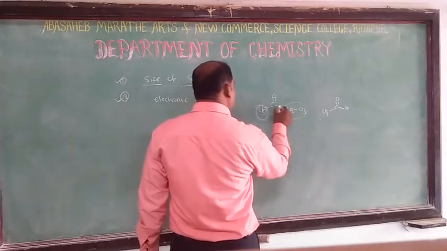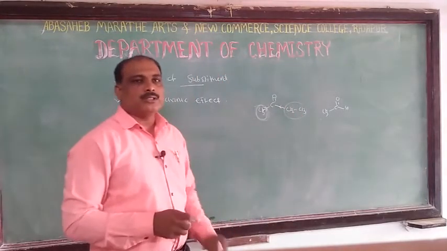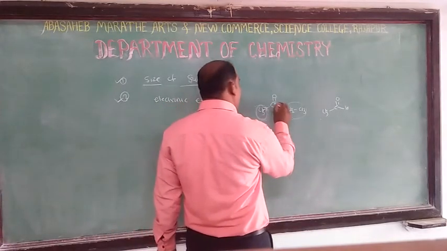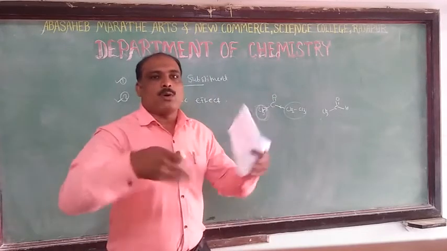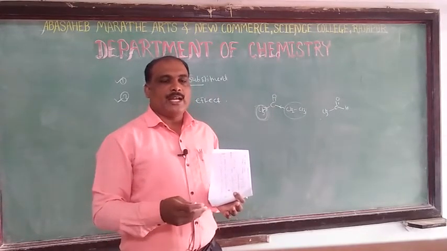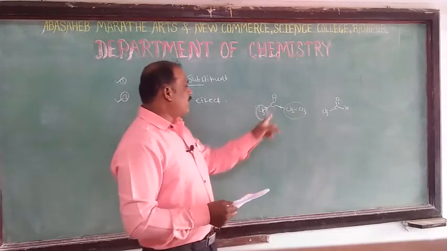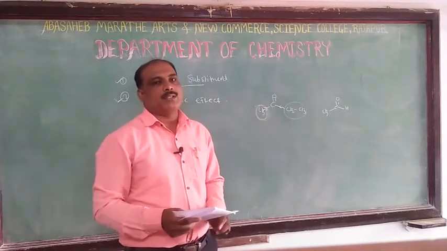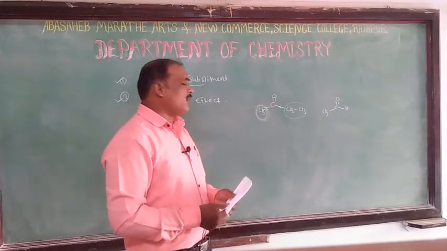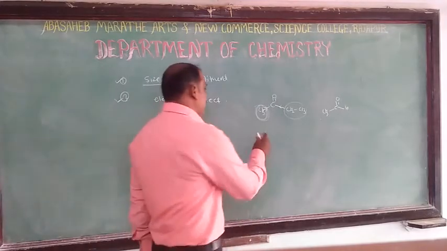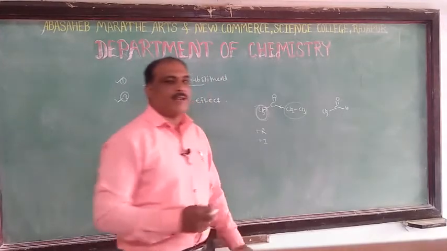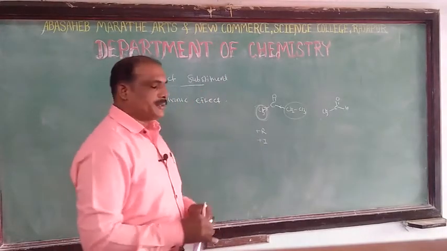This ethyl group also acts as an electron donating group, and hence the electron density at the carbonyl carbon will increase, and the nucleophilic addition reaction does not take place as easily at these carbons. The reactivity of the carbonyl carbon decreases by the +R effect or the +I effect of these substituents.